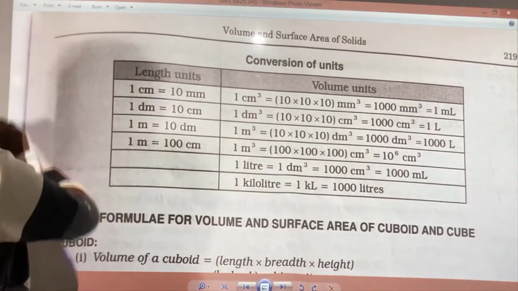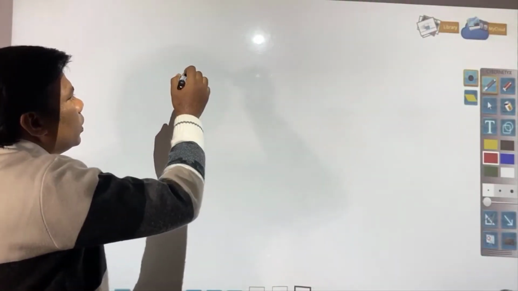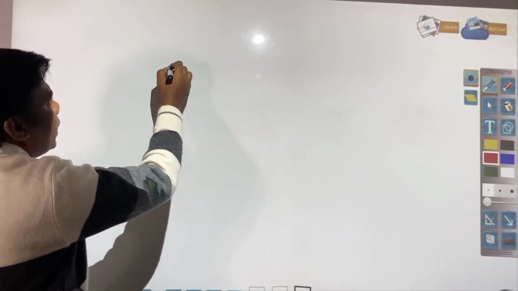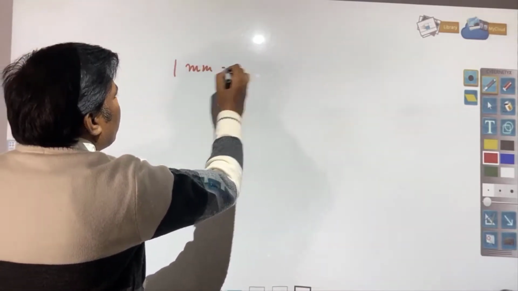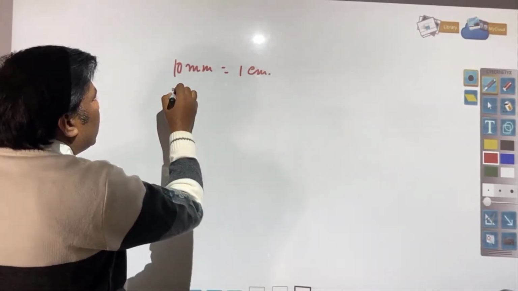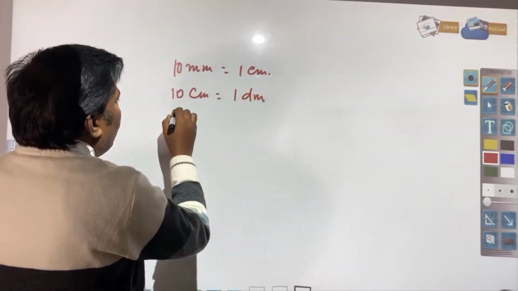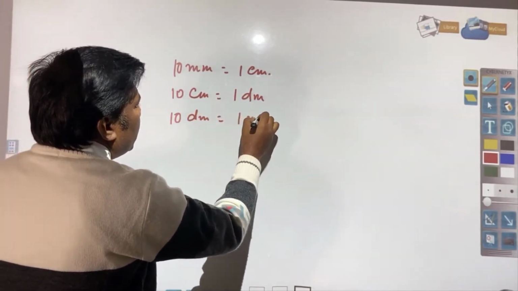So in a very simple way I am going to tell you for length what unit we keep, or how we see length measurement. Suppose 10 millimeter is equal to 1 centimeter. 10 centimeter is equal to 1 decimeter. 10 decimeter is equal to 1 meter.